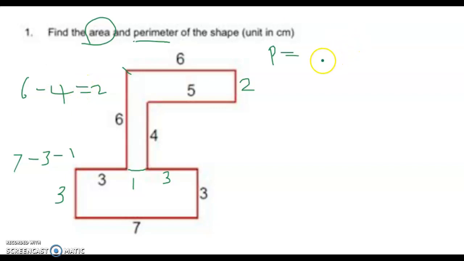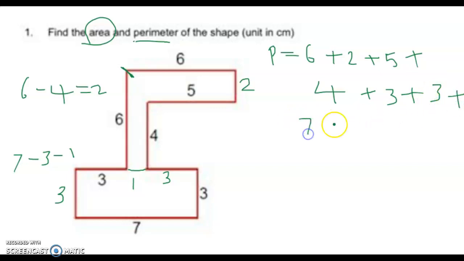Okay, now I can start the perimeter. I will start from this length as I told you before. So 6 plus 2 plus 5 plus 4 plus 3 plus 3 plus 7 plus 3 plus 3 plus 6.